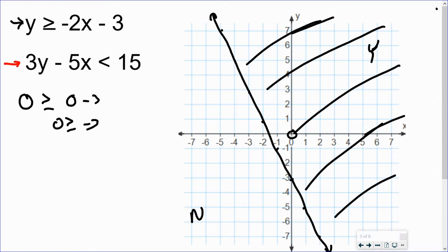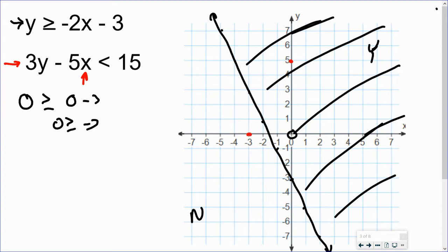Now, this one is in red. Now, I can change this to slope intercept form, but man, notice how the 3 plays nice to the 15. So that means if I put a 5 in here for y, I get this. So at 5, 0, I'm going to go here. Then I notice if I put a negative 3 in here for the x, then I get a 0.